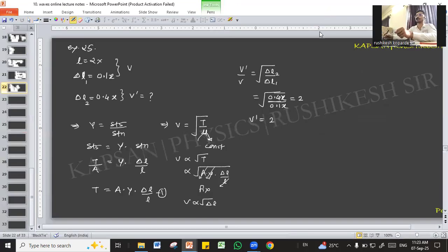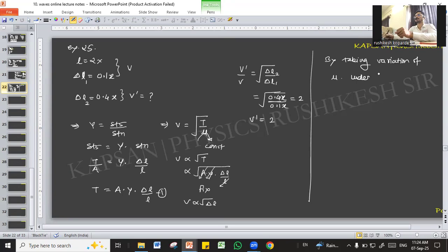So let's try to find the answer by taking the variation of mu under consideration. Let's write v is equal to under root T by mu.